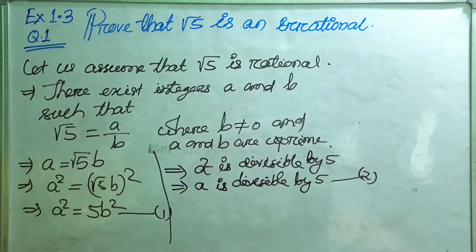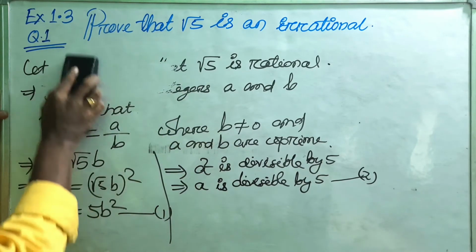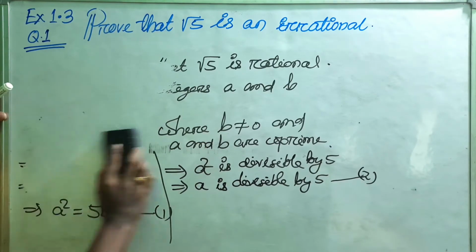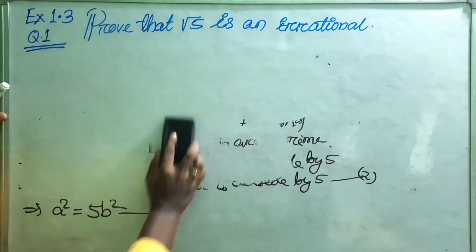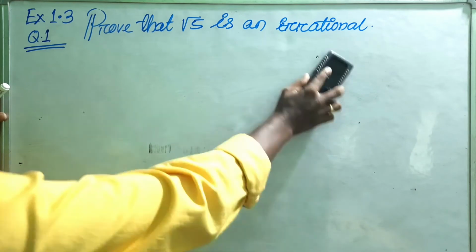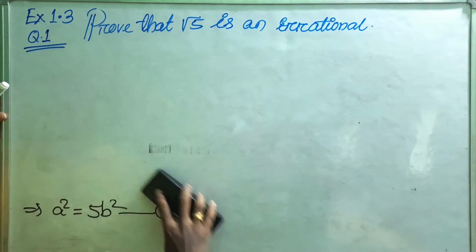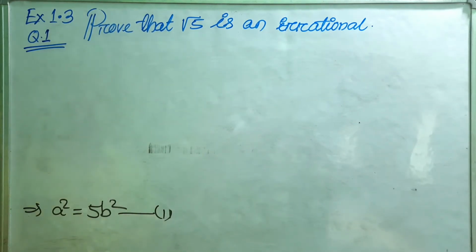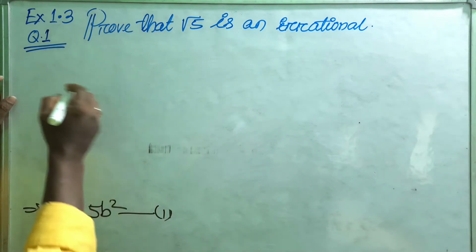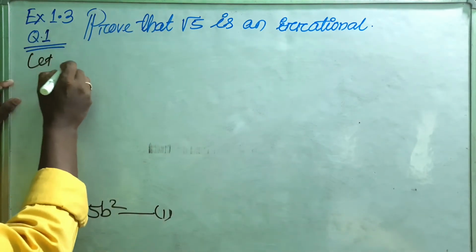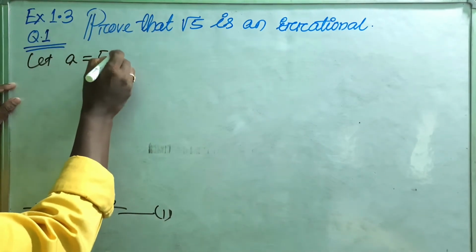Now let me erase this, then we will write the next line. Now guys, let a be equal to 5c.